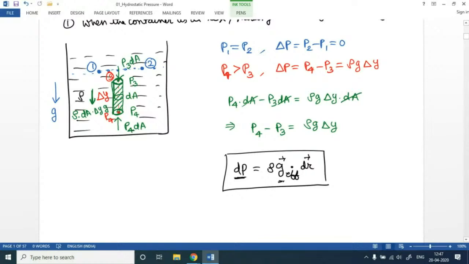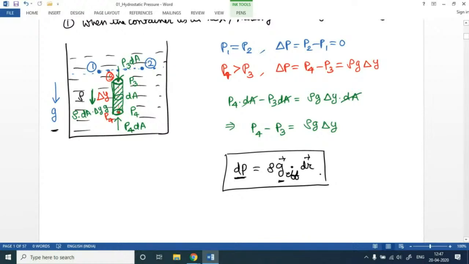Why have I written g effective? Because this container might be accelerating. In that case, the value of g effective might be other than g, and its direction need not be vertically downward. Like in this case, g is vertically downward, so this formula simply turns out to be rho g dot dr. If displacement is also in downward direction, then the dot product of g and dr would be simply g dr, and that would be a positive quantity.